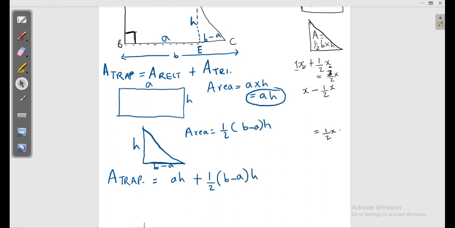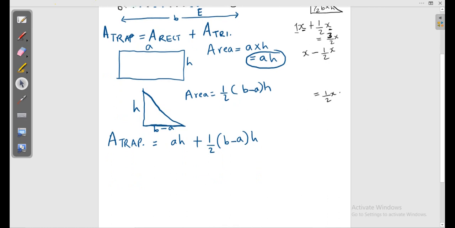Then we start simplifying, and that gives us ah plus 1 over 2 (bh minus ah), which means we will have ah plus 1 over 2 bh minus 1 over 2 ah.